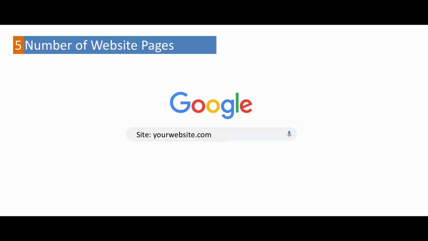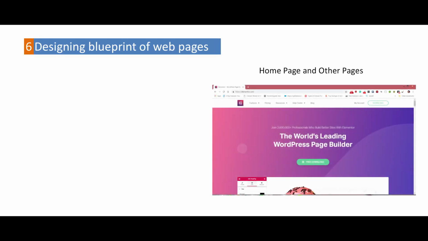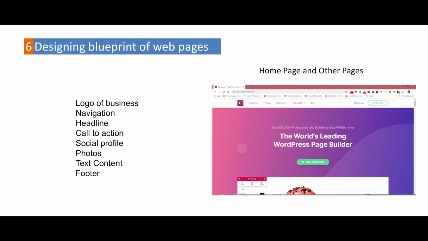Once the number of website pages is planned, then you have to prepare the blueprint of the home page and each page of your website. Home page is very important for any type of website, and it should be designed very carefully. It should be visually appealing and engaging. Usually the home page of a website should include logo of business, navigation, headline, call to action, social profiles, photos, text content, footer, etc. Look at the home page of this website.